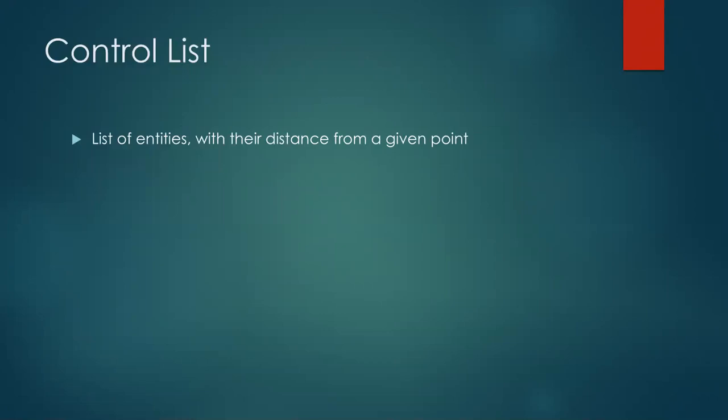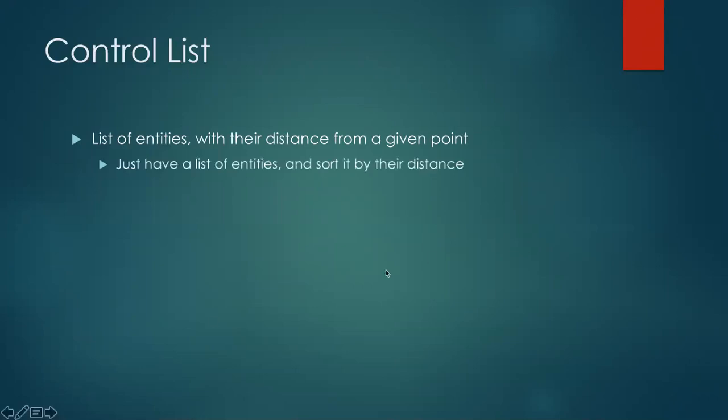The way to think about it is, I'm going to have all the entities in a drawing and then my end result. So in between I'm going to make what I would call a control list. I want a list of the entities, a list of the good entities, or the entities I care about. And in this case, I want to know what is their distance from a given point. Well, how am I going to do that?